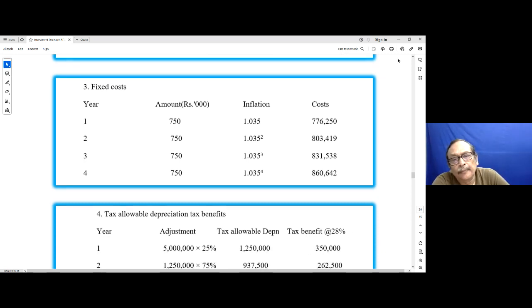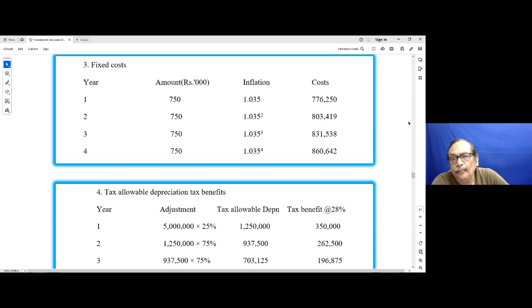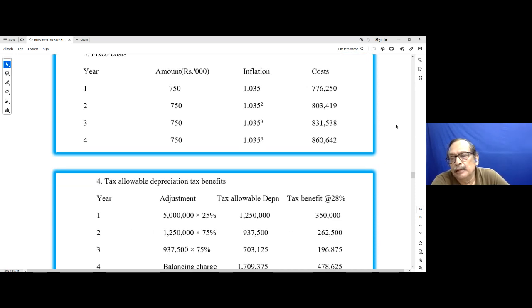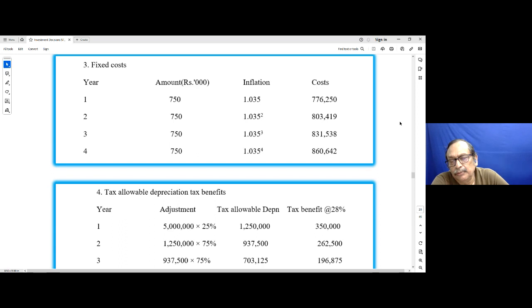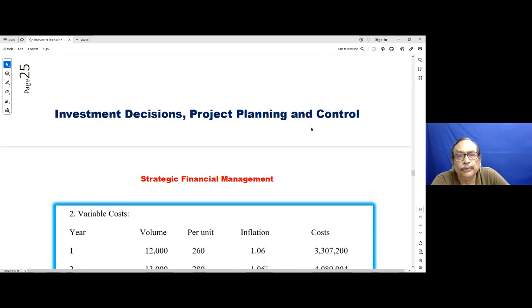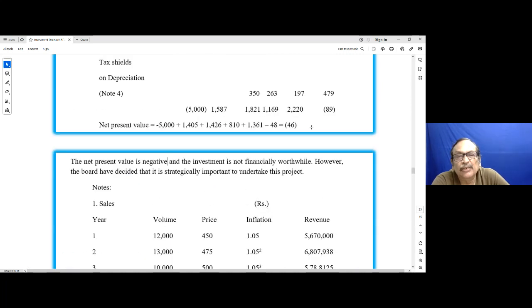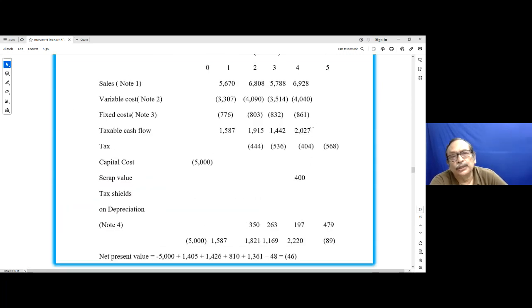In the third year, 750, then 1.035 to the power 3, it comes to 831538. And fourth year, 750, that is rupees in thousands, then 1.035 to the power 4, it comes to 860642. So we are going to put it in the calculation as fixed cost.